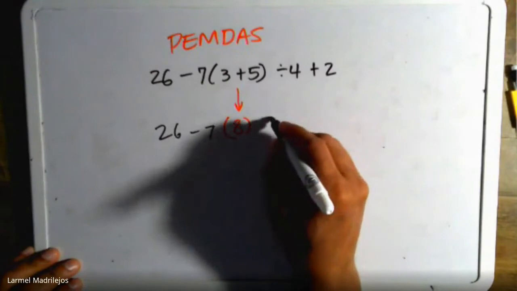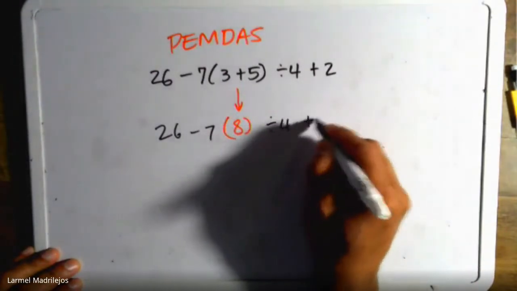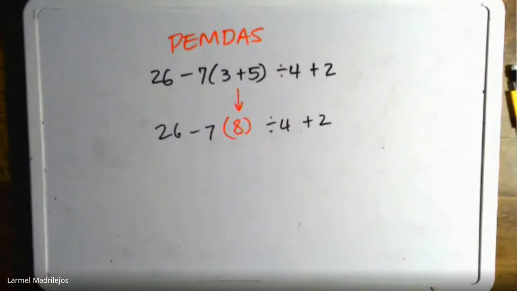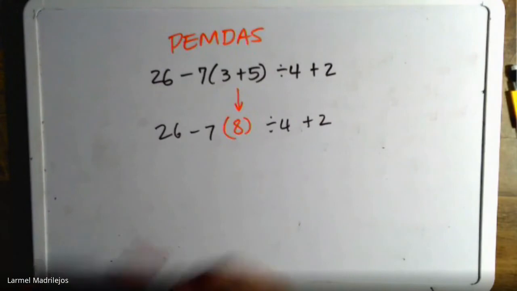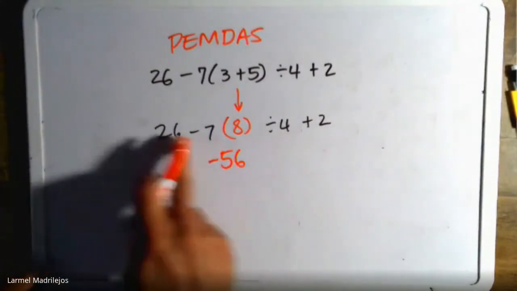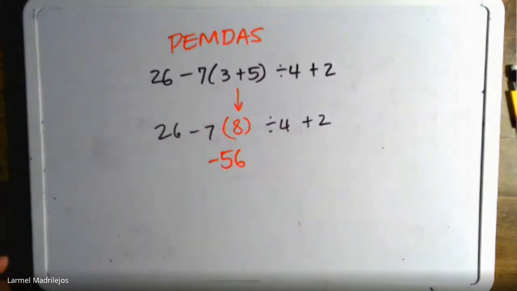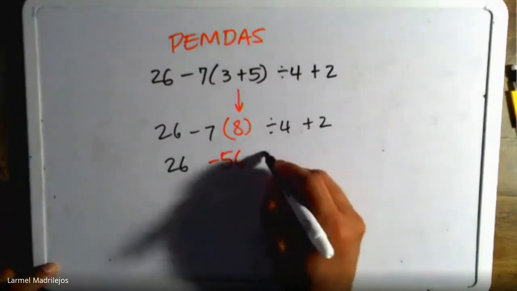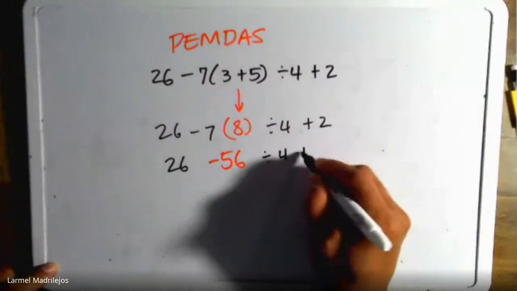Now 7 times 8 is 56, but there's a negative, so I'm going to put negative 56. Have you noticed I haven't changed the color here? It means I haven't touched that. I'm just changing the color of those I did the operation on.